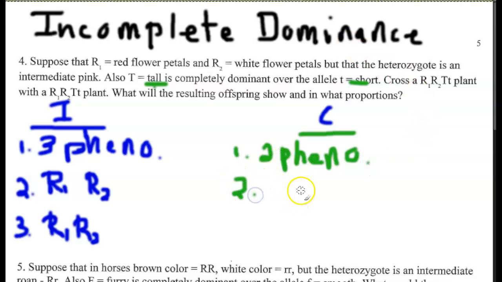How we're going to write it again, this is not the best of clues because incomplete dominant does not always write it like that. But when they do, there's a clue that it is incomplete dominant.